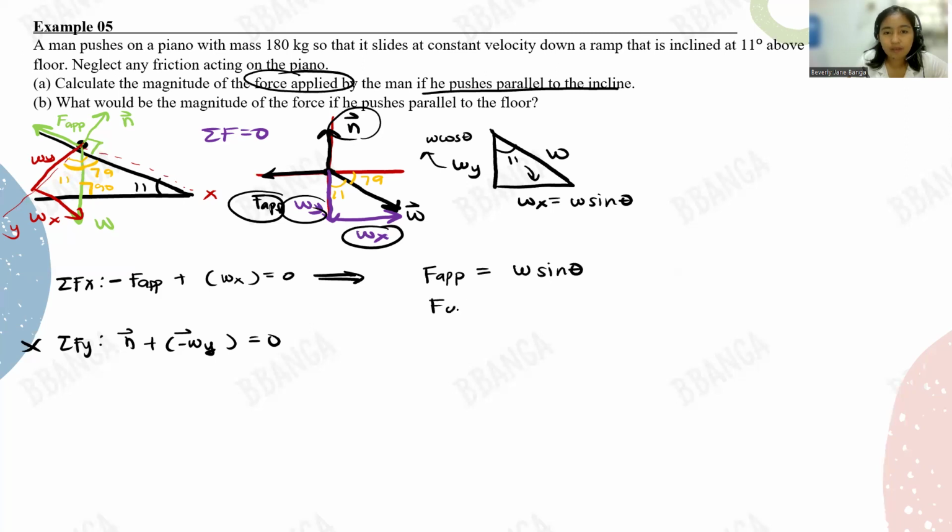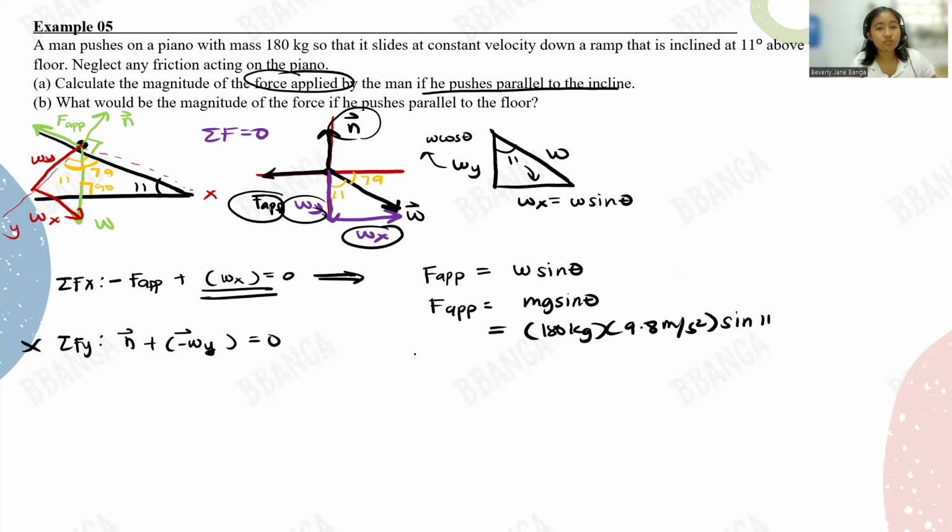Okay, and F applied therefore is simply equal to mg sine theta, which is simply 180 kg times 9.8 meters per second squared times sine of 11. Okay, so hindi ko na papakialaman kung magpa-positive or negative pa kasi inallocate ko na lahat yun dun sa sign ng equation ko, yung summation of forces. 180 times 9.8 times sine 11.